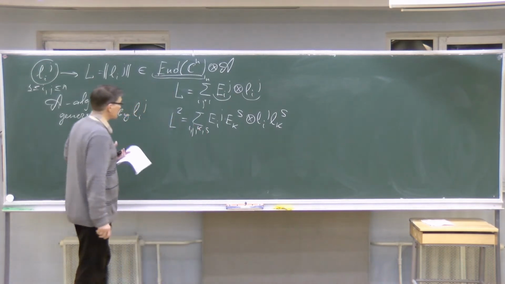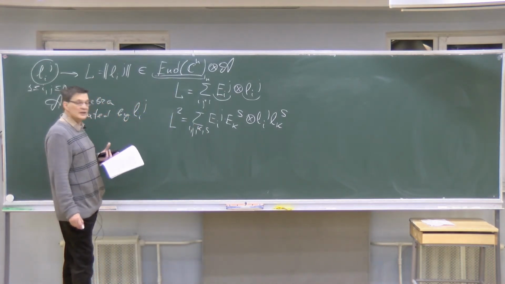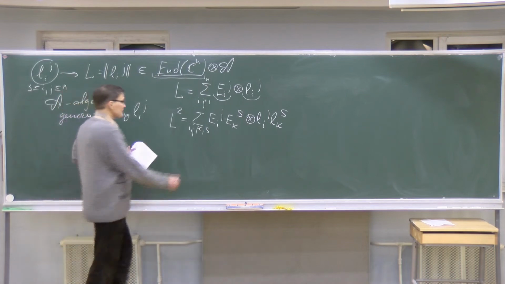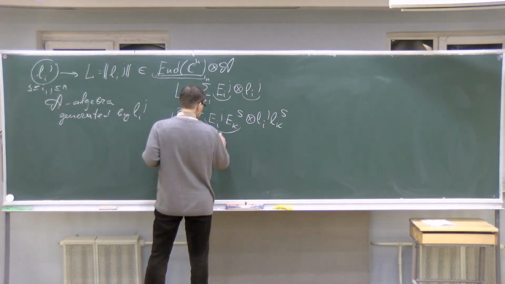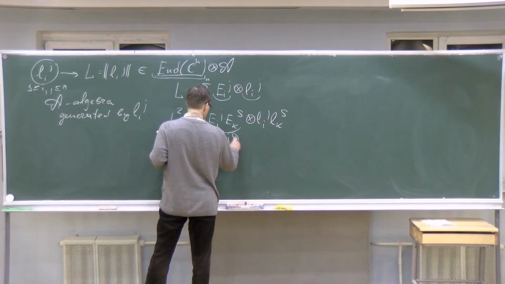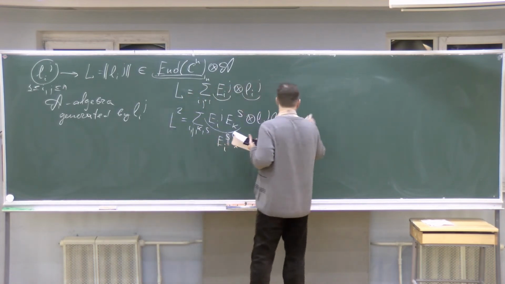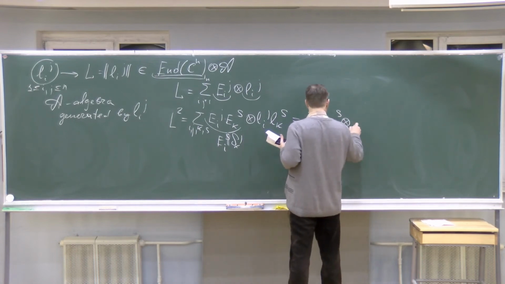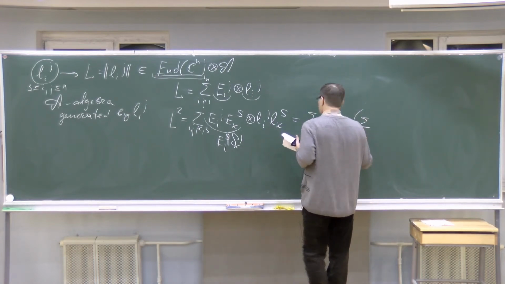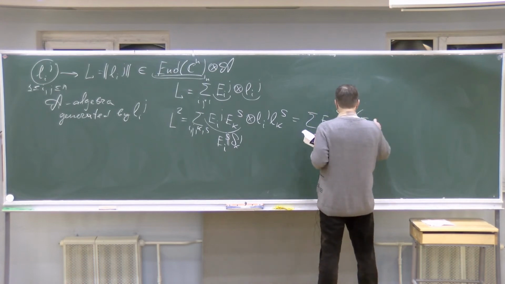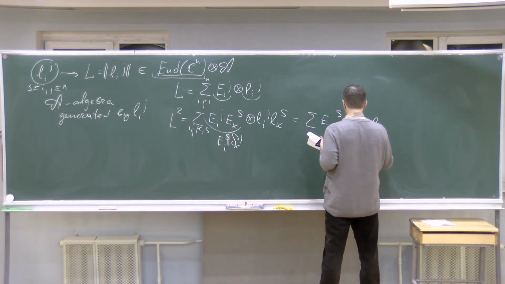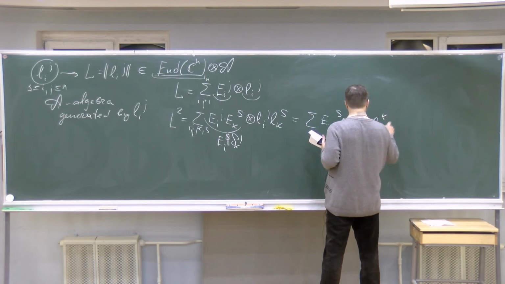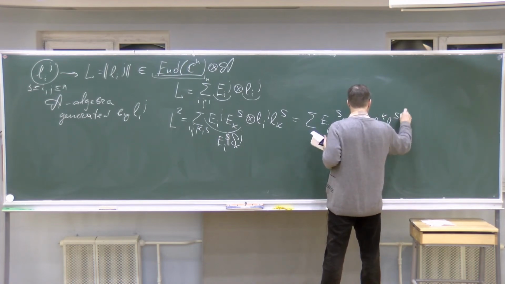This is by definition the product of two copies of this matrix. Then using the properties of matrix units, we come to the conclusion that this is equal to the sum over k of L_ak L_ks.